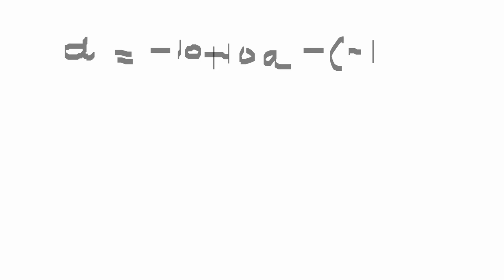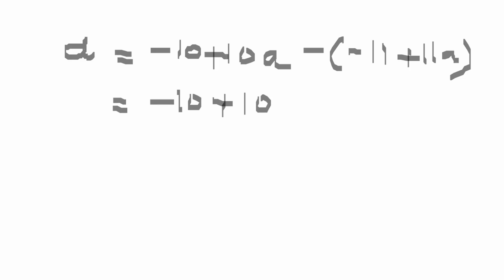Now let us find out the difference between the third term and the second term. So we can write the common difference is equal to minus 10 plus 10a minus of minus 11 plus 11a. Minus of minus will become plus, again minus into plus is minus 11a.